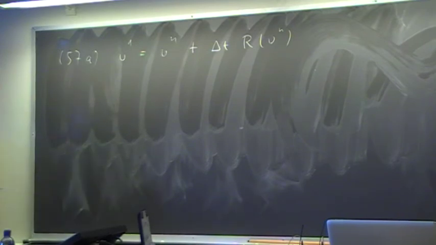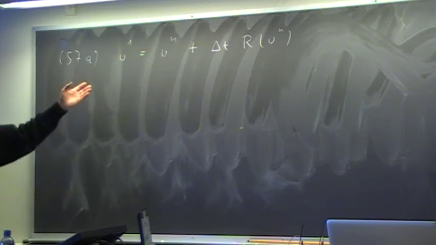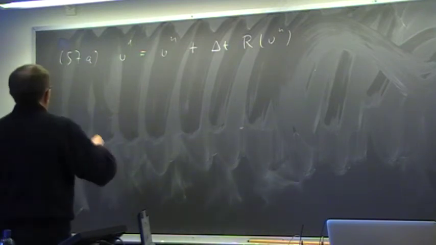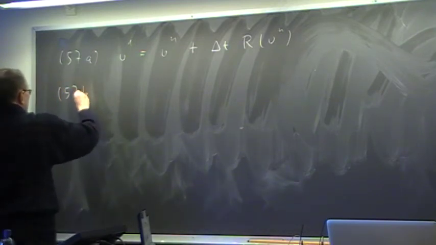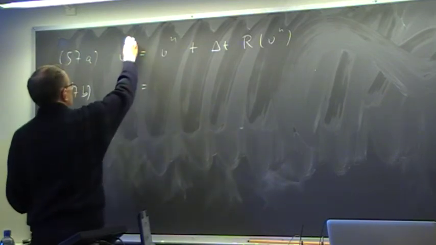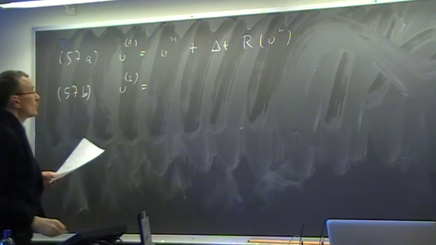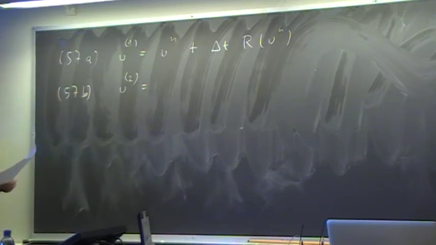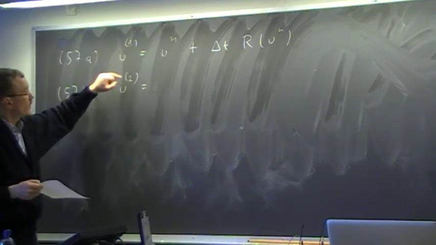If you look at that, that's just an explicit Euler step, nothing more. If you have done that already for explicit Euler, you have that already. Second stage is called u2. Let me give it brackets here to not confuse it with the time step.